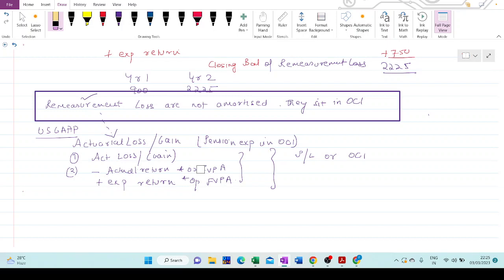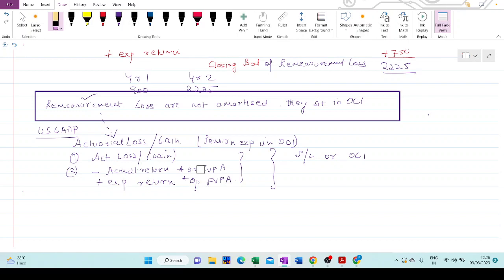Typically, companies report these through OCI and amortize it on the income statement when certain conditions are met under the corridor approach. सर वो repeating, टिपिकली के आगे क्या बोला था, एक बार फिर से रिपीट करो. Typically, companies report these through OCI and amortize it in the income statement when certain conditions are met under the corridor approach.